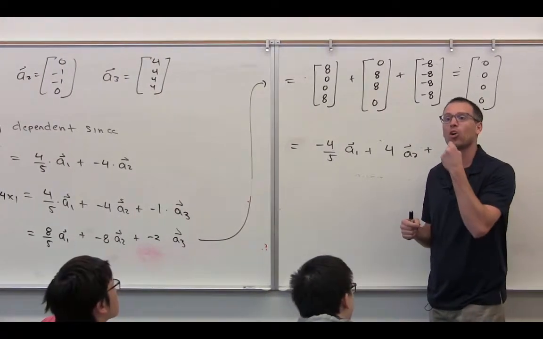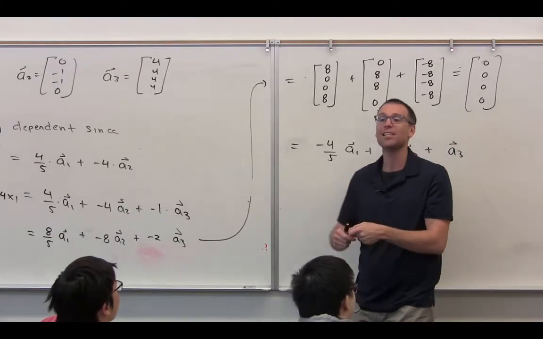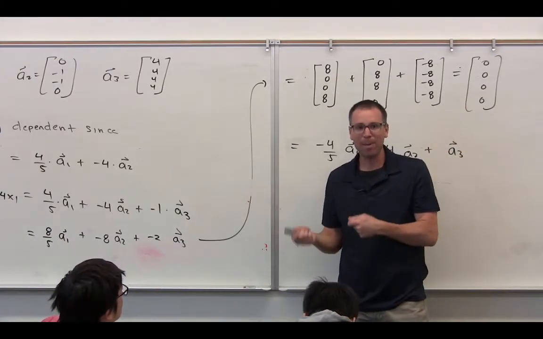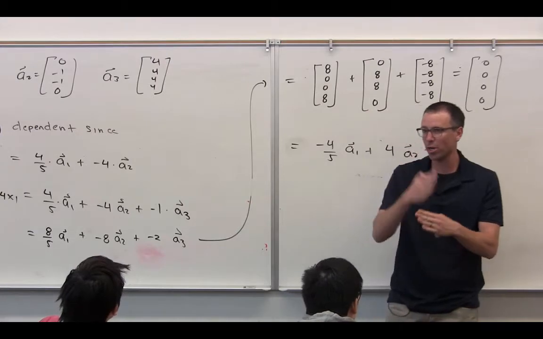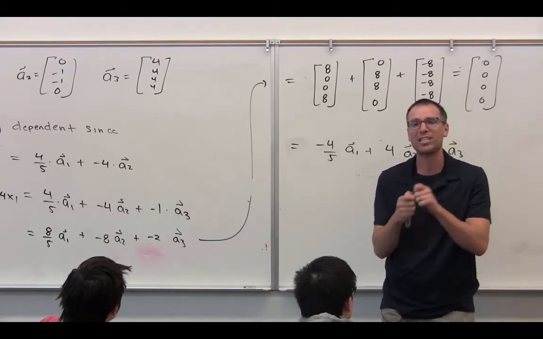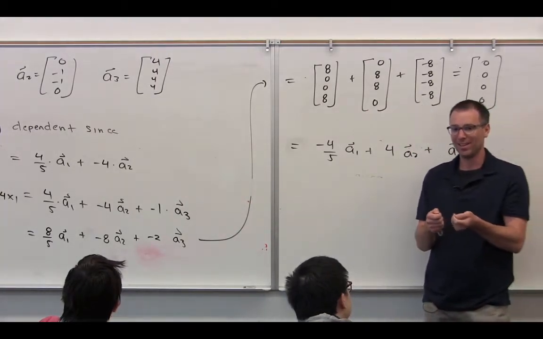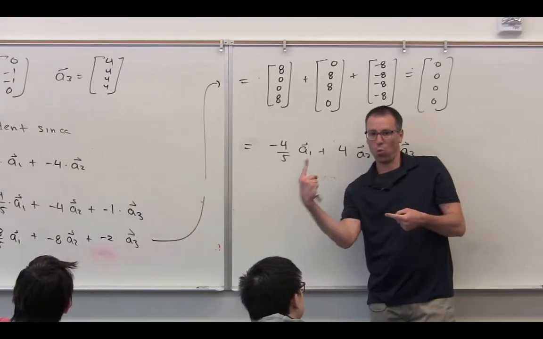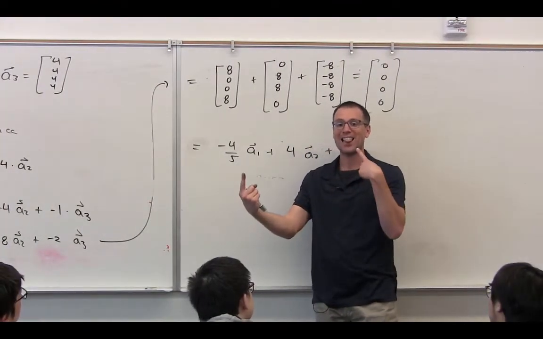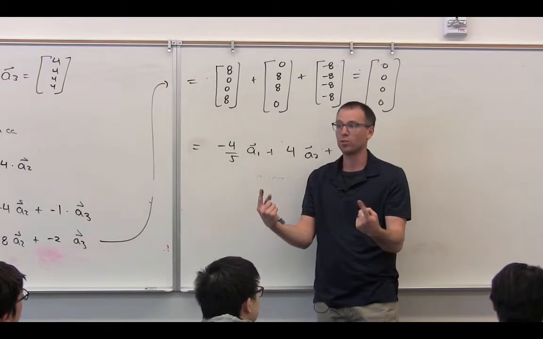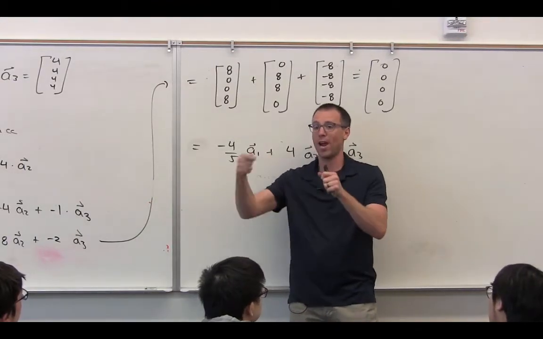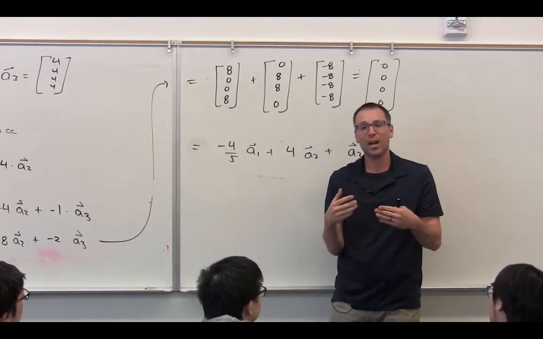If we're trying to categorize sets of vectors as linearly dependent, the baseline definition that we're going to use in this class is what? What does that mean for a set of vectors to be linearly dependent? One of the vectors can be written as a linear combination of the other ones, which means that a set of scalars exists so that you can write that one like the other ones, but that's kind of clunky.